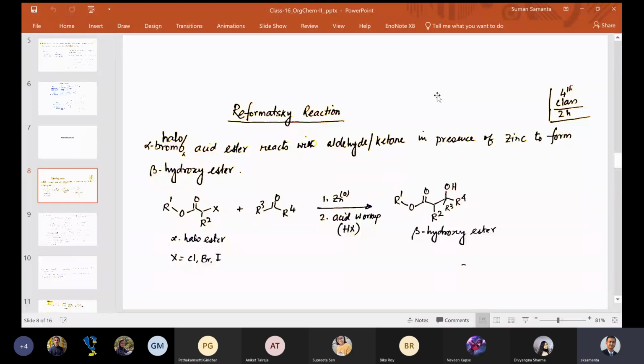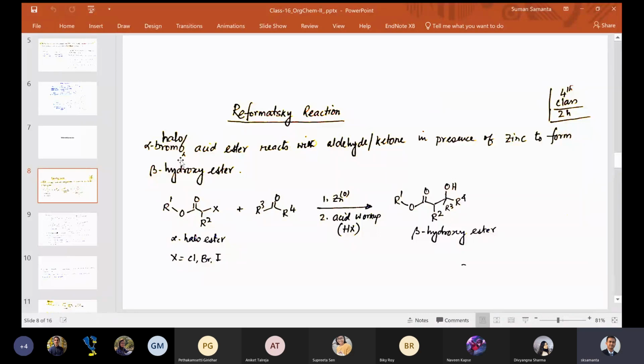We have seen organolithium compounds, like butyl lithium, and some of their properties. Now here we are talking about an organozinc compound. So what you do in the Reformatsky reaction is generally take an alpha halo ester.